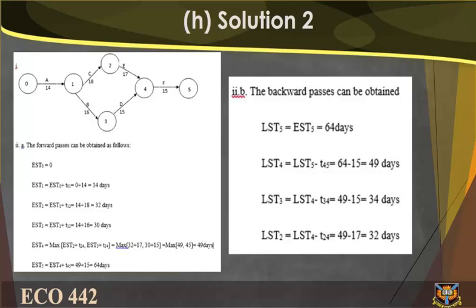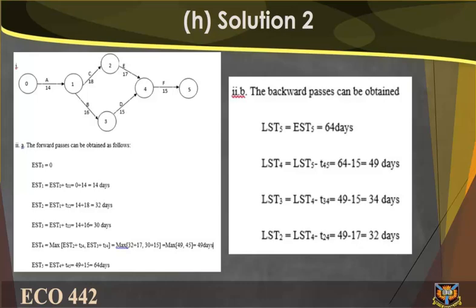2B. The backward passes can be obtained. LST5 equals EST5 equals 64 days. LST4 equals LST5 minus T45 equals 64 minus 15 equals 49 days. LST3 equals LST4 minus T34 equals 49 minus 15 equals 34 days.